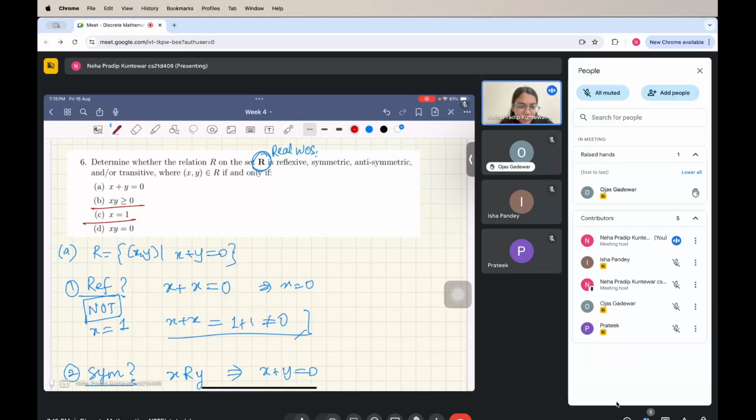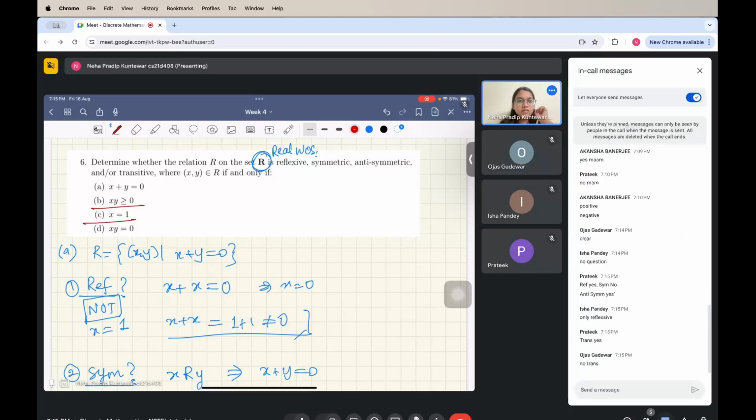Yes, Ojas, you have a question? Ma'am, I have a question out of this question. I couldn't understand the difference between anti-symmetric and not symmetric.